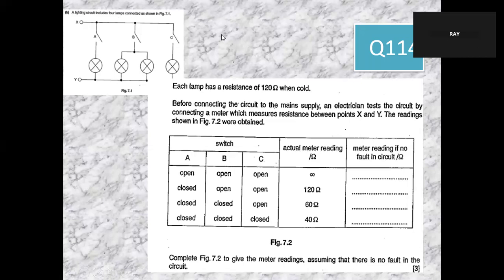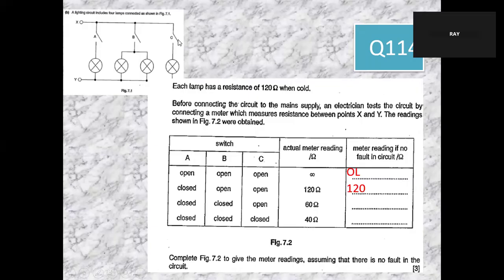All open. Overload, cannot measure. B and C open. This one is closed, so there's only 120 ohm.